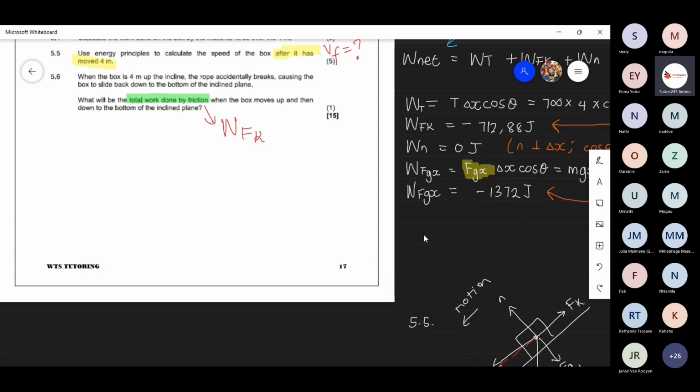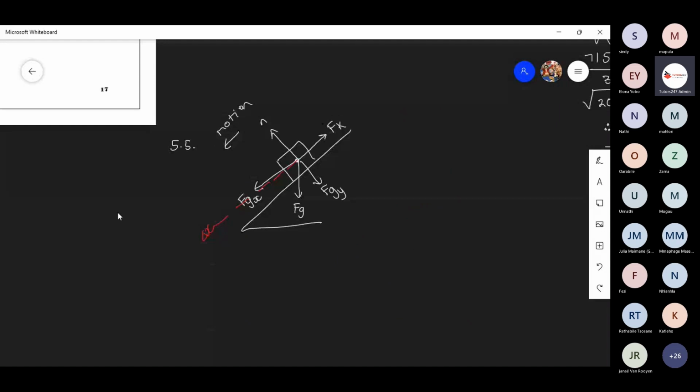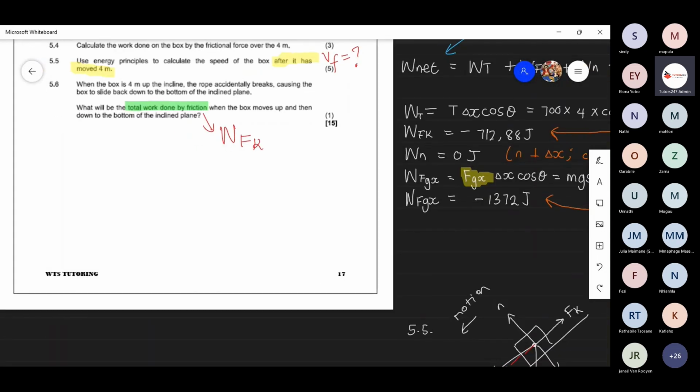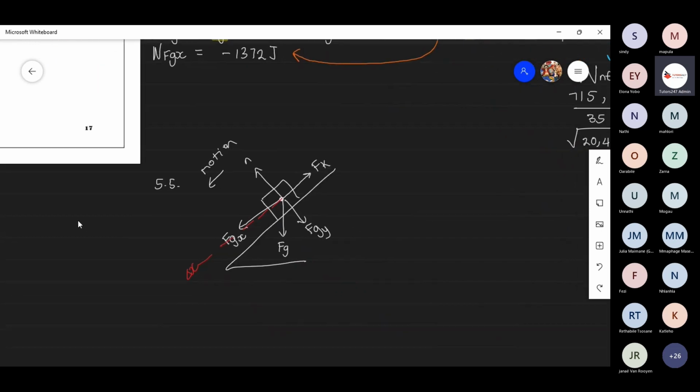Okay, so we now need to calculate what the work done by frictional force is going to be. Keep in mind, we're calculating the work done by frictional force.